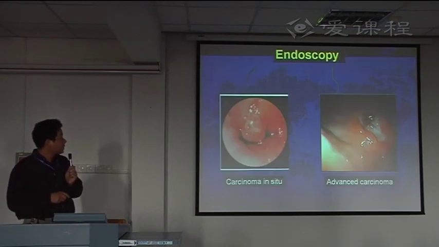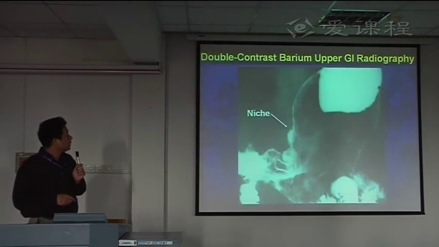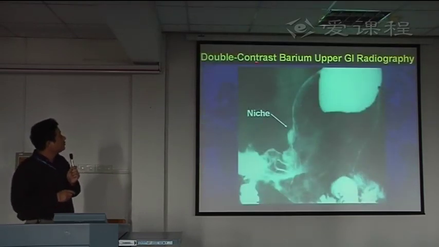Let's look at the pictures. This is the cancer inside. It looks like a polyp. And this is an ulcer. Of course, this ulcer is malignant. And this is an examination.